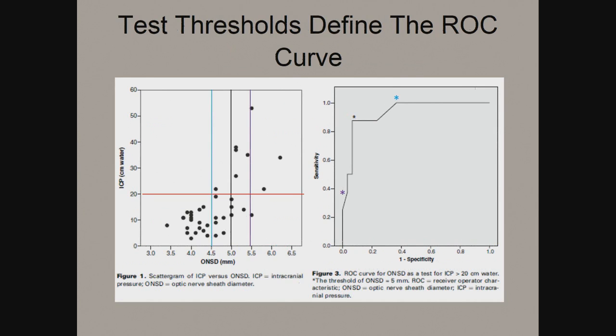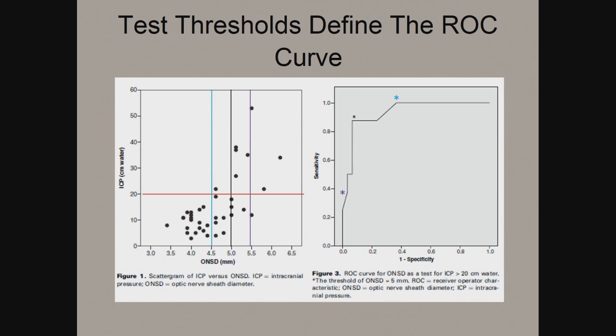If you choose different test thresholds, different cutoffs for what defines a positive test, then you fill out other points on the ROC curve. Okay? So the blue to the left, a test threshold of 4.5 millimeters, means it's a more sensitive test.